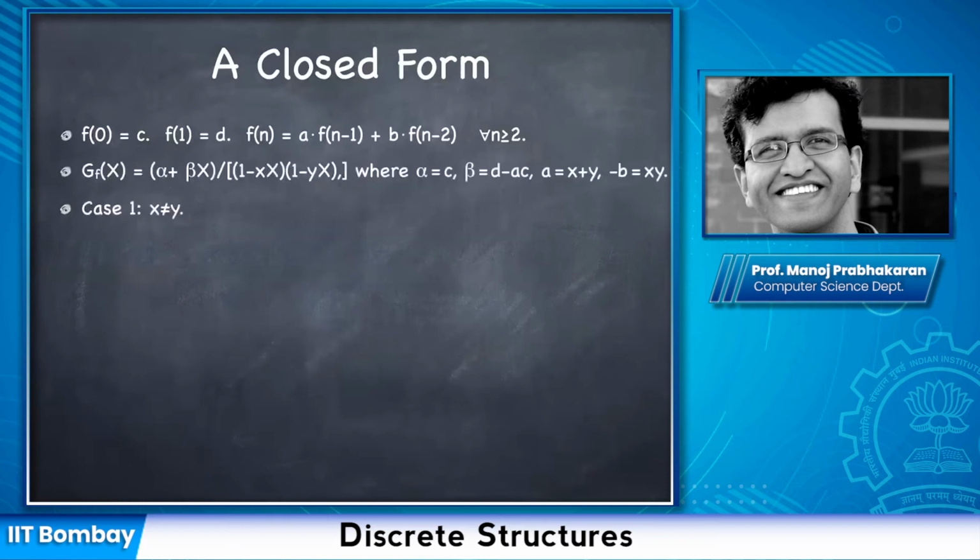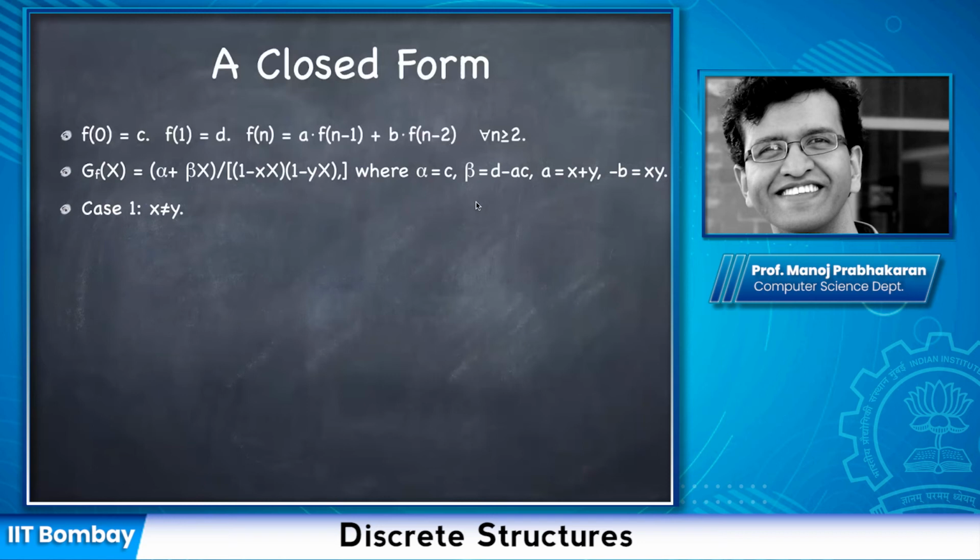Okay? So this is just summarizing what we had in the previous slide. We're given a generating function of this form, where little x and little y are the two solutions that we are interested in, so a equals x plus y and minus b equals x y. Okay, and the two cases.